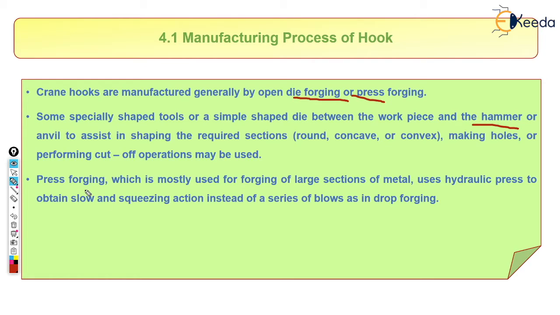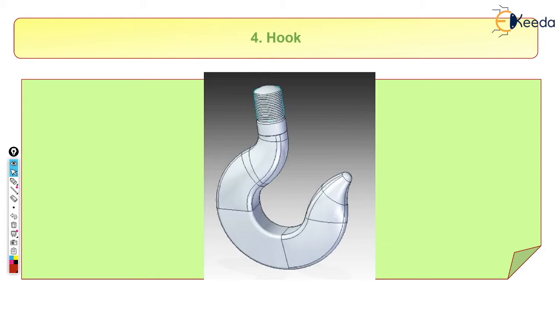And in case of a press forging, which is one of the most commonly used forging for large sections of metals, which uses hydraulic press also to squeeze it, by using all these things we make the hook section like this.